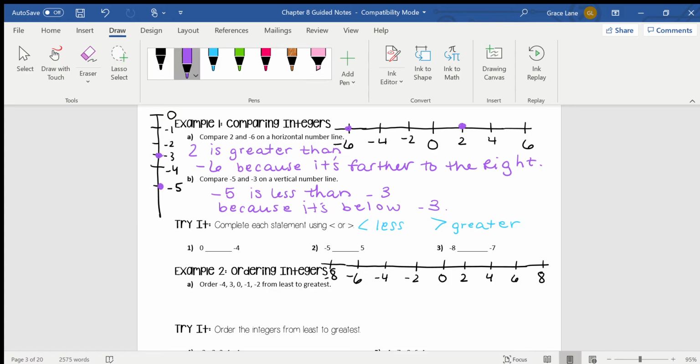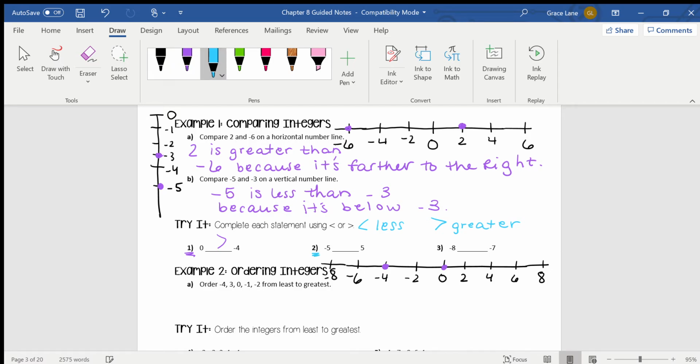Okay, so the first one, 0, I'm going to do in purple. 0 and -4. Here's 0. Here's -4. Logically, if you think about what a negative number means, 0 is bigger than -4. But if you want to think about what your textbook is telling you in the vocabulary, 0 is greater than -4 because it is farther to the right on the number line.